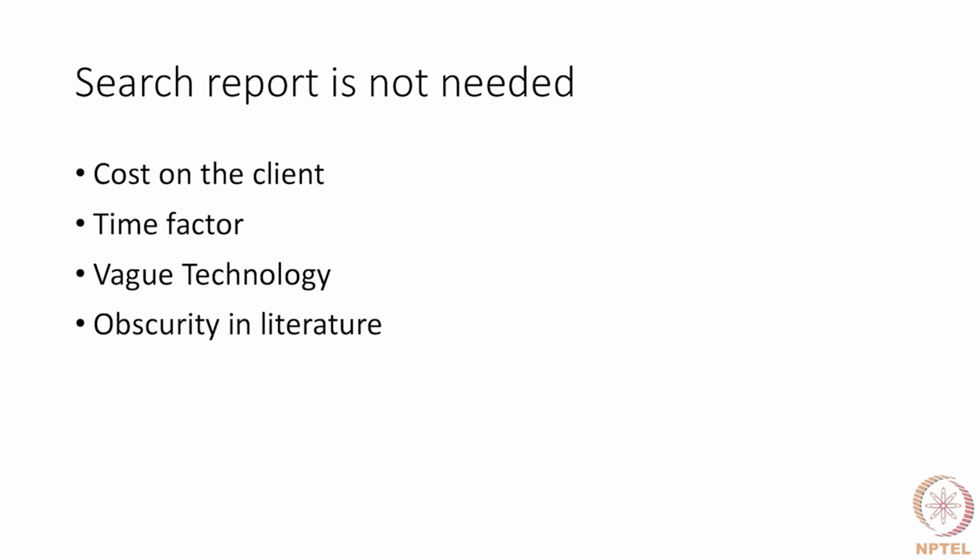Which means as you draft the patent application, the patentability search report will inform you how to claim, how to make changes, how to fine-tune the application, how to get over prior art, and various other things which we have seen could be the benefit that comes out of a patentability search report. So one approach, even if there is insufficient time, is to do both the search and the drafting simultaneously.